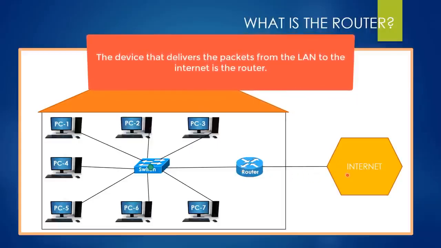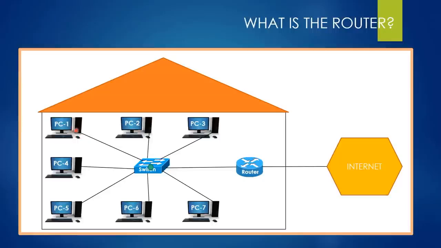This is obvious. Hence, if PC1 wants to communicate with the router, it must send its packet to the switch first. After that, the switch looks at the inside of the packet and understands that the packet wants to go to the internet. So, it sends the packet to the router, and there we go.